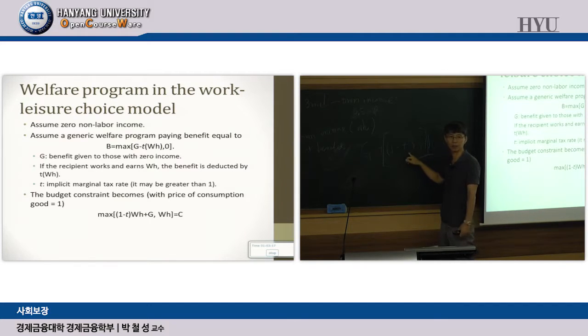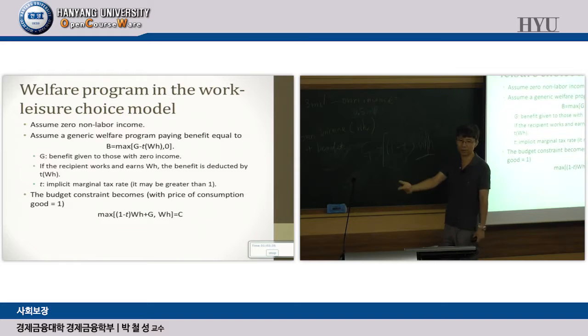Even if your wage rate is, let's say, $10 per hour, if the implicit tax is 50%, what you get in your pocket is only $5. That's your actual after-tax wage rate.